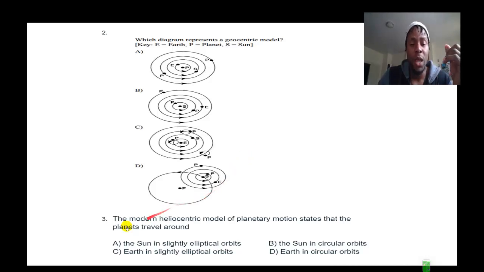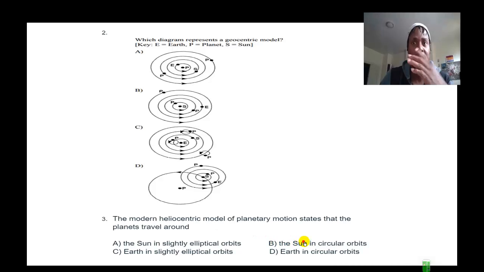Question number 3. The modern heliocentric model of planetary motion states that the planets travel around. Option A, travels around the sun in slightly elliptical orbit. It does sound like option A to me. Option B says the sun in circular orbit. Yeah, the sun would be in the center when it comes to a heliocentric model.